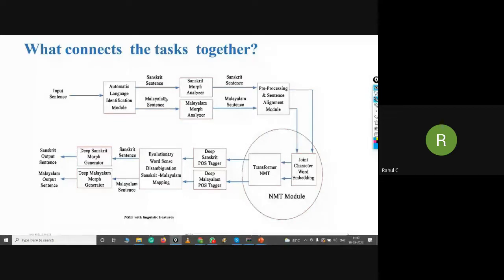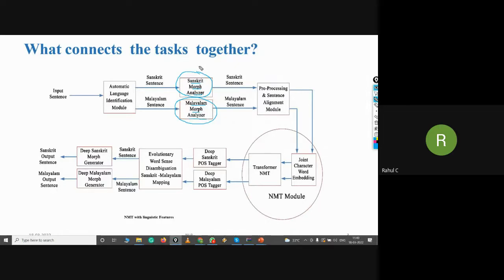But before the NMT model, you can see that morphology is there. You can see Sanskrit morphology and also Malayalam morphology. Why should Sanskrit and Malayalam morphology be implemented before NMT? Because both Sanskrit and Malayalam are morphologically rich languages.